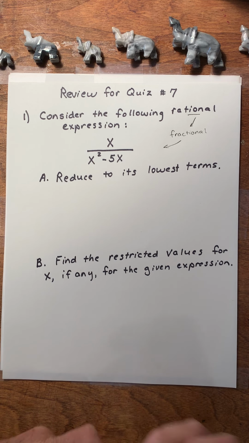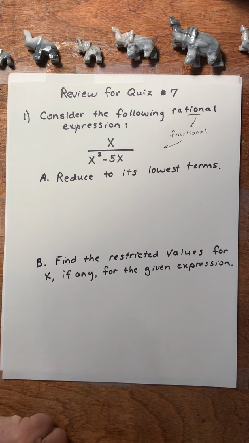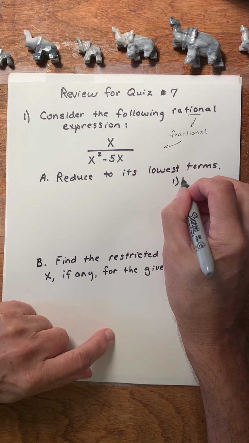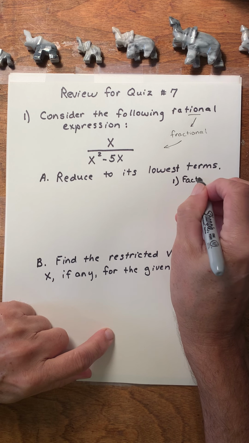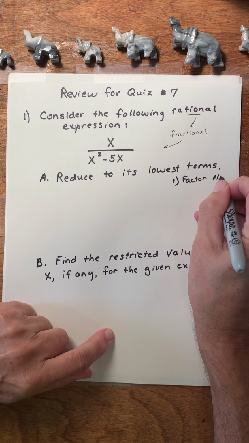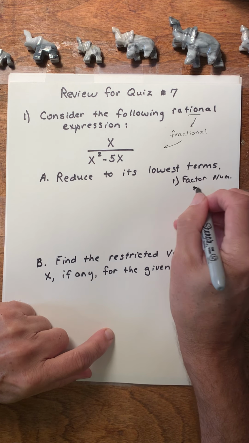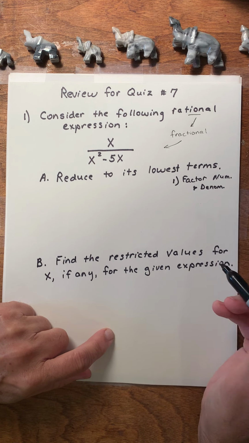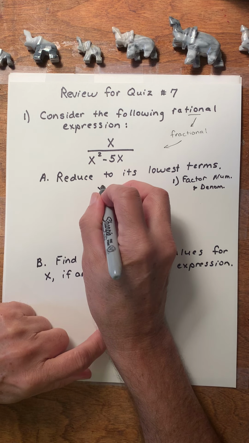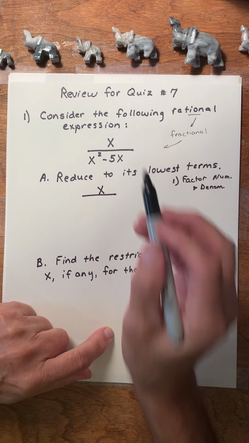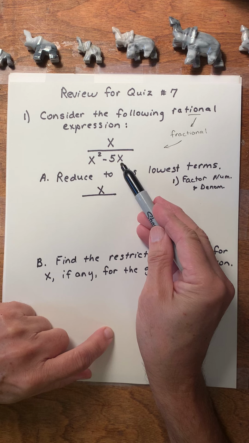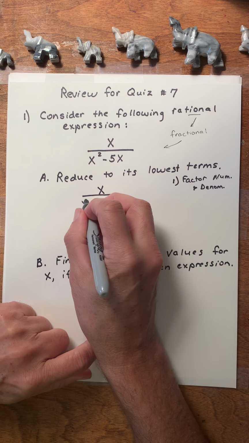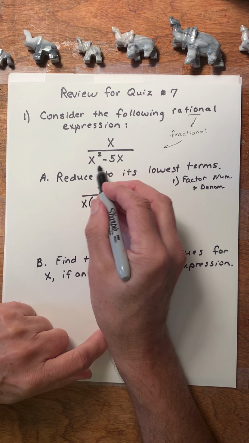First thing it asks me to do is to reduce to lowest terms. What that means is, number one, I factor numerator and denominator, just like I would a normal fraction. The numerator obviously doesn't change, but I do see a common factor of x in the denominator, so I factor it out. I get x minus 5.